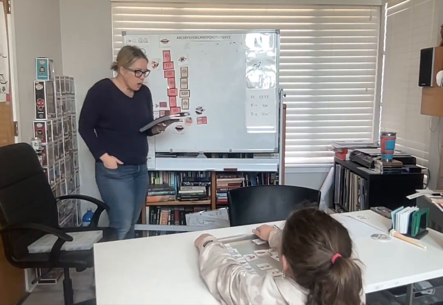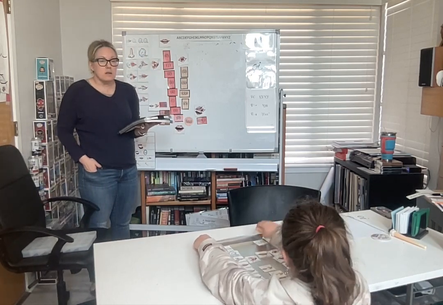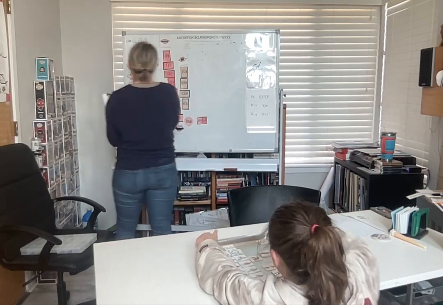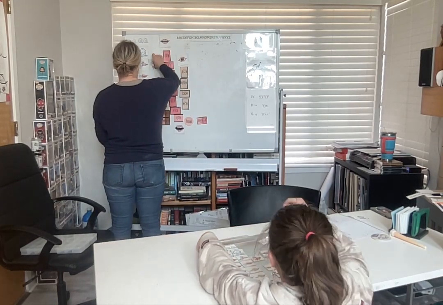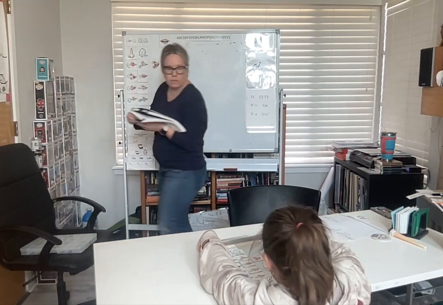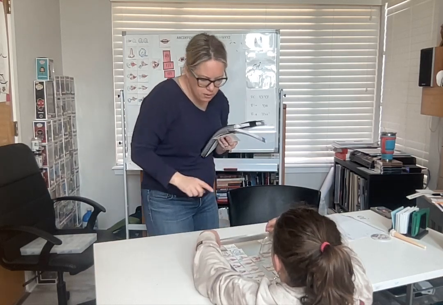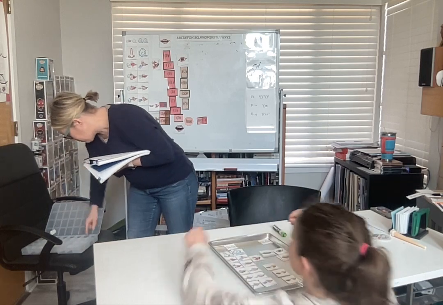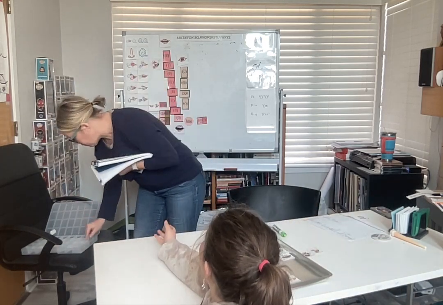Show me, oi, ul, k. Mom, I'm missing one. Wait, I'm missing this one. Okay, I'll get it for you. That's a Velcro one.